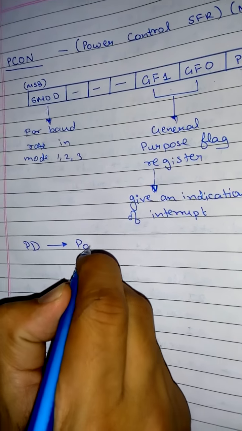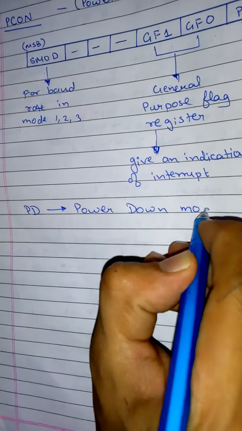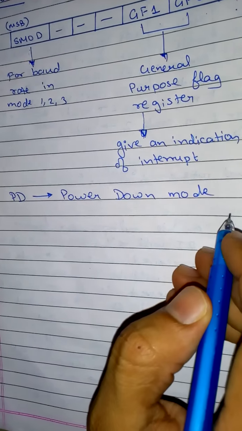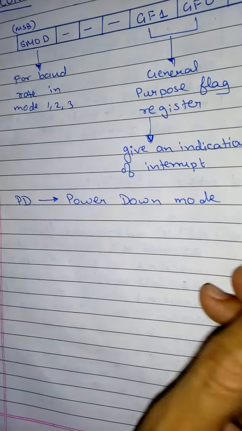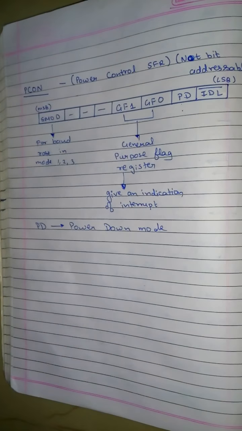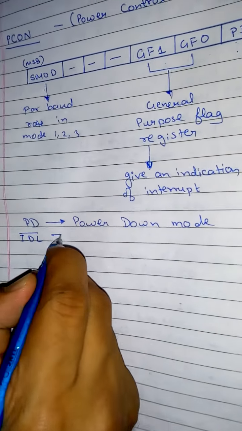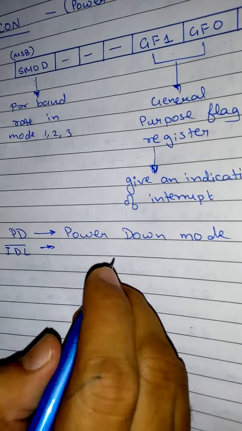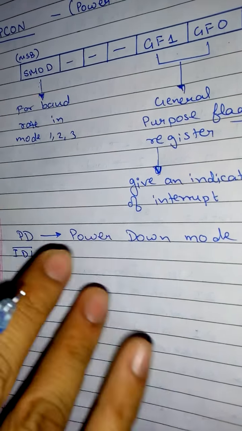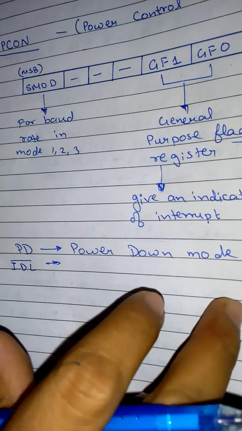PD, power down mode. If PD is equal to 1, the microcontroller will go into power down mode. And if IDL bar is equal to 1, this will take the microcontroller into idle mode operation.